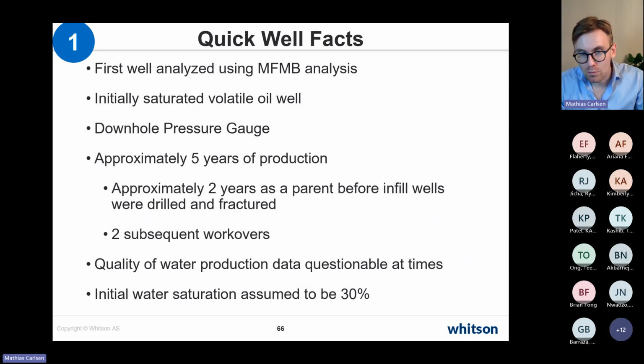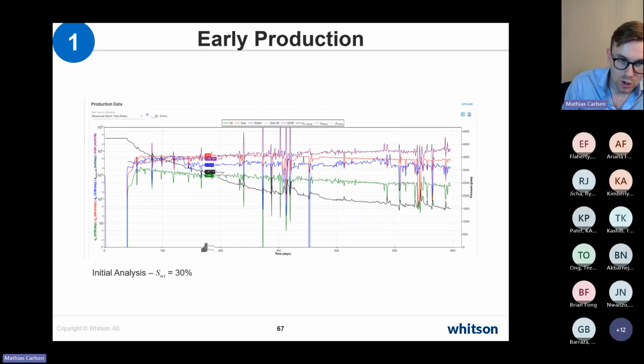The first time they did multiphase FMB on this particular well, on the parent well, that was before the infills. So if you go back to that case study that Coterra presented, that's basically what they're showing there. The initial analysis had a water saturation assumed to be 30%.